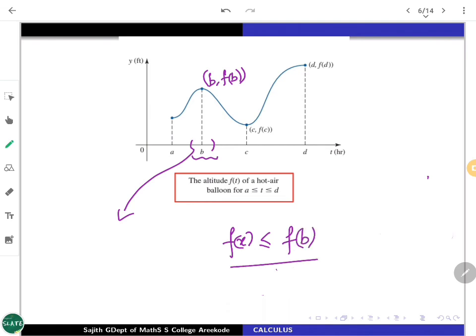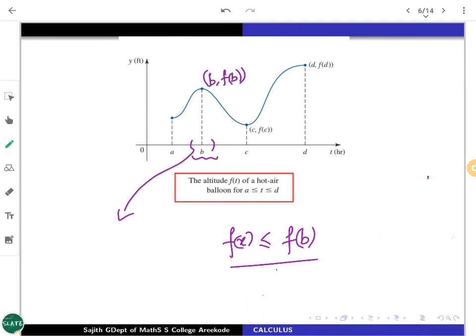But I can't say that x can be taken from the entire domain, only locally. So in a small neighborhood, which I will call an open bounded interval, I get the condition f of x less than or equal to f of b. So locally it happens, and we will call it a relative maximum or local maximum.